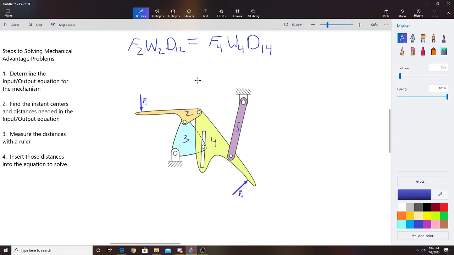for this mechanism. But obviously we maneuver this around a little bit to get output force over input force. So if you do that, you end up with F4 over F2. I'll actually write this somewhere else, probably be better.